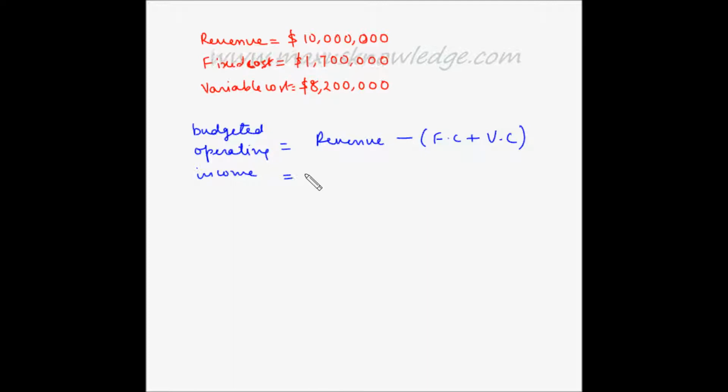So this is equal to 10 million minus fixed cost plus variable cost. So 1.7 million plus 8.2 million.